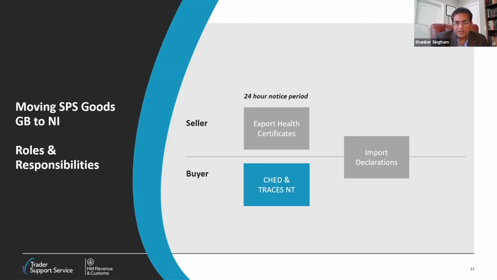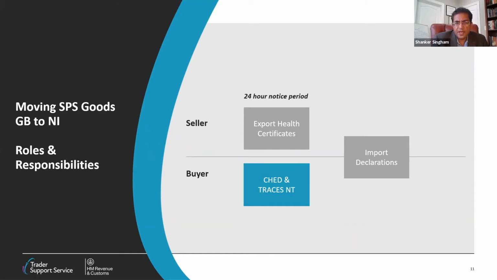Assuming we're talking about anything other than DDP Incoterms, it is the buyer who will be submitting the CHED, the Common Health Entry Document, which is part of the TRACES system. TRACES is the European Agricultural Database System. It is the buyer who will be submitting the CHED entry into the TSS declaration, and that is then the import declaration.